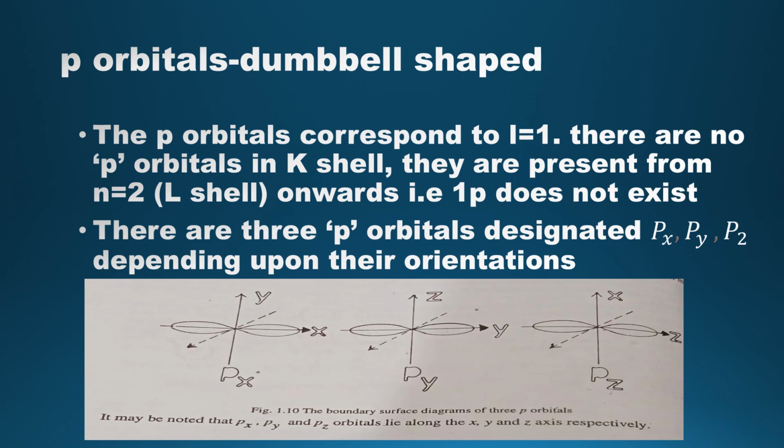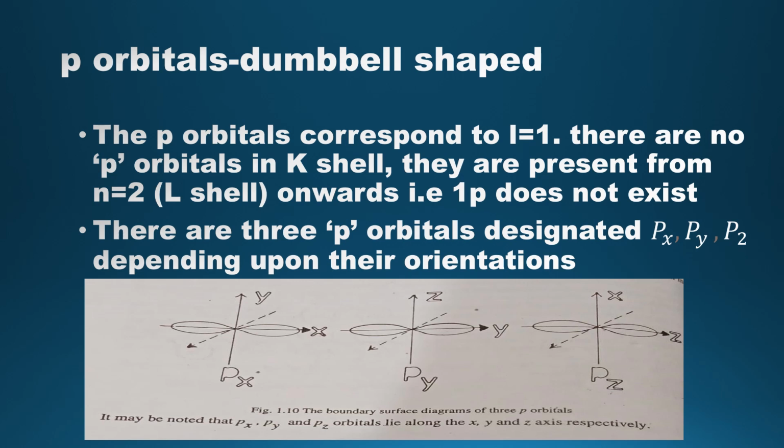p orbitals. The p orbitals correspond to l equals 1. There are no p orbitals in K shell, that is, 1p does not exist. The p orbitals are present from n equals 2, that is L shell onwards. All the p orbitals have dumbbell shape.